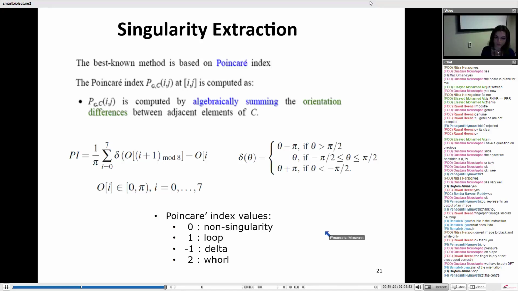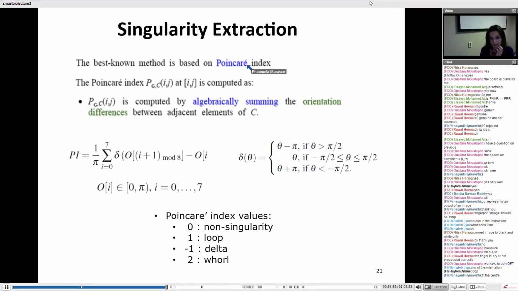So you will be able to do this one. So first, I can provide the formula to extract the singularity point, to analyze these points, and then we will see different examples so that we will be able to compute the singularity extraction.